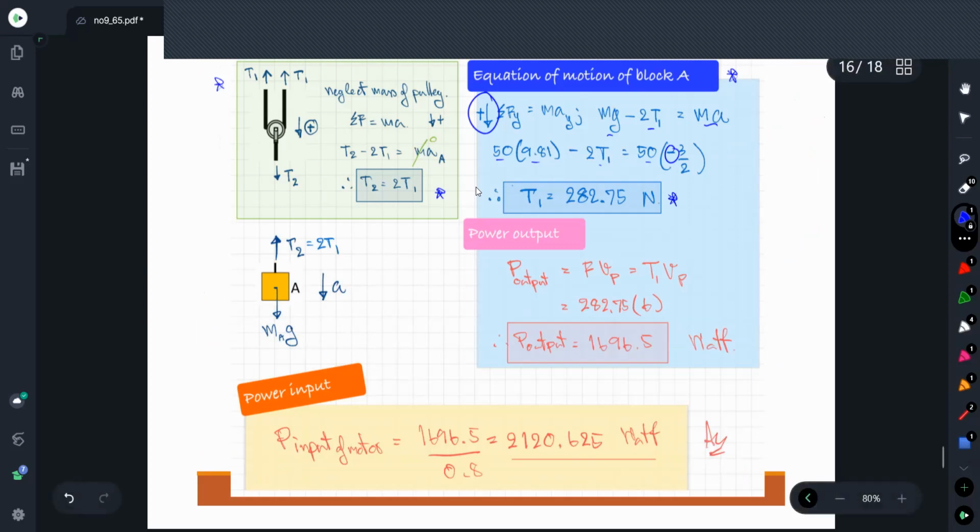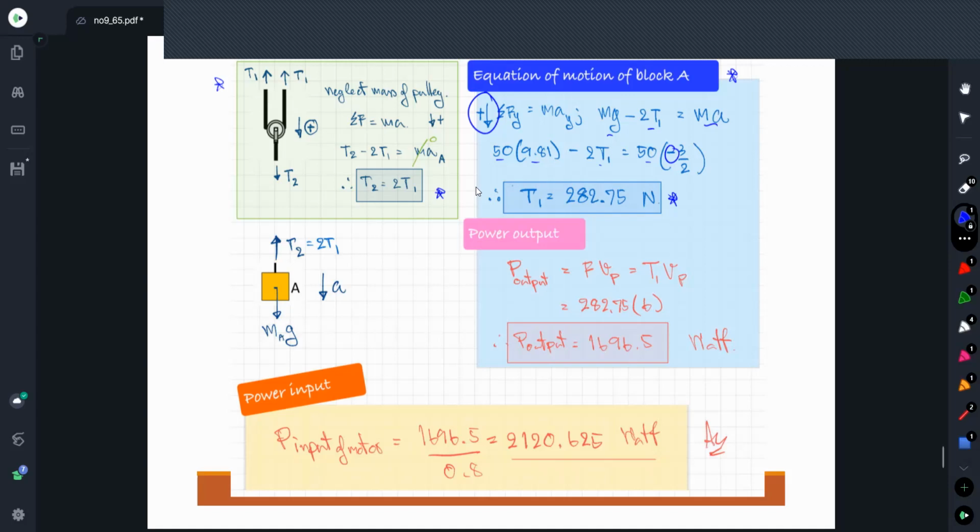After that, we solve this equation and obtain the tension as 282.75 Newtons. After that, we would like to find the power output now, that is the power delivered to the cable.